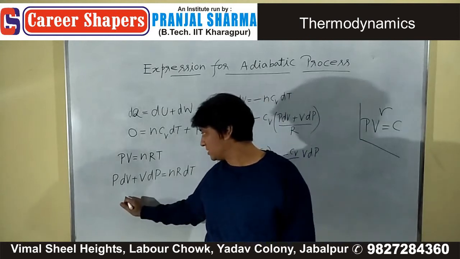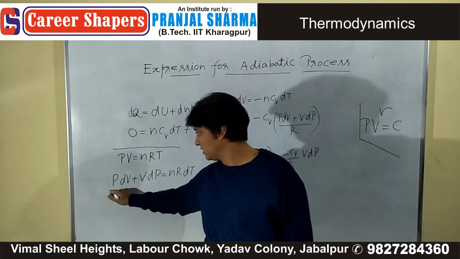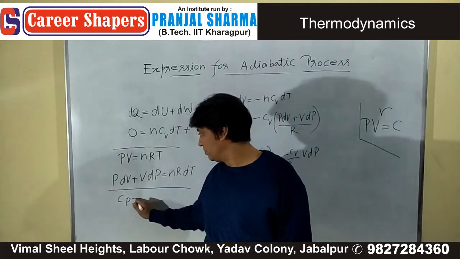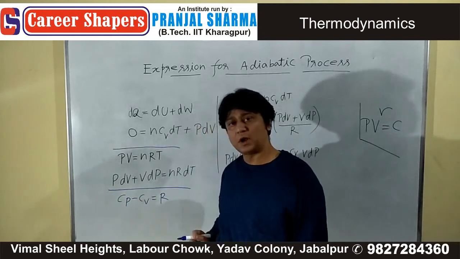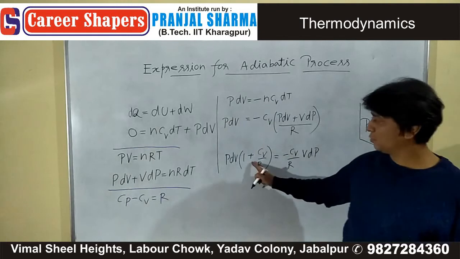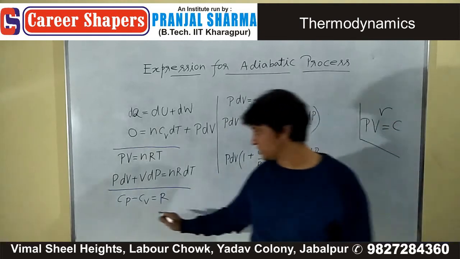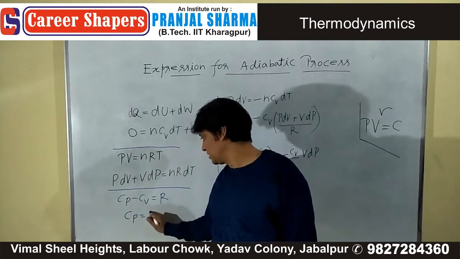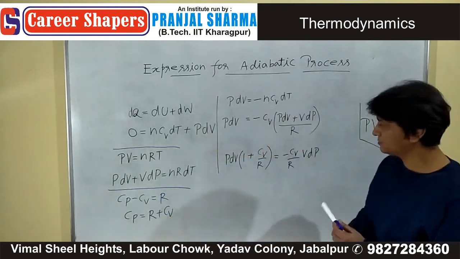You remember that Cp minus Cv is what? R. Look here. What is this? This is R plus Cv. What is R plus Cv? This is Cp, which is coming from R plus Cv.